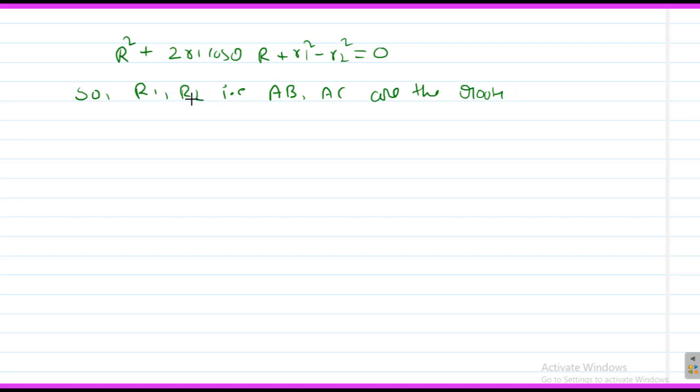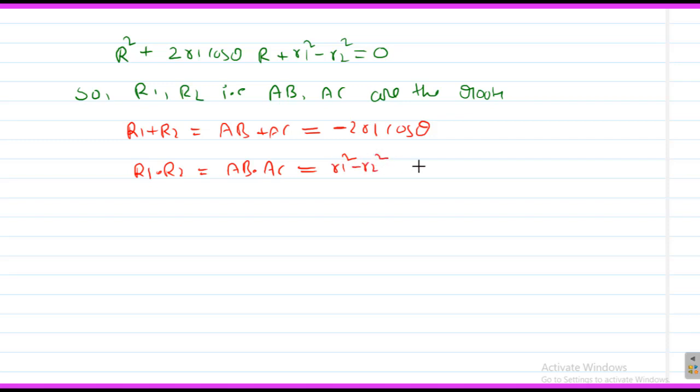One of the roots is R1, another is R2, which are nothing but AB and AC. Now I want to use the sum of roots and product of roots concepts. Sum of the roots, R1 plus R2, which is the same as AB plus AC, is equal to minus B by A, that is minus 2 r1 cos theta. Product of the roots, R1 into R2, that is AB into AC, is the constant term divided by the x square coefficient, r1 square minus r2 square by 1, leave it.